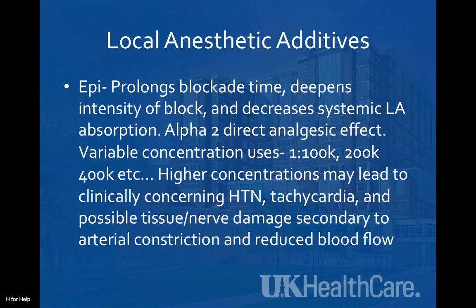So all of the peripheral tissues that would otherwise take up the local anesthetic and redistribute it in the body have a constrictive effect, so that flow is reduced and the overall uptake is reduced. You also have an alpha-2 direct analgesic effect, which is one of the reasons we add clonidine, which we'll discuss momentarily, as those have direct pain pathway effects.